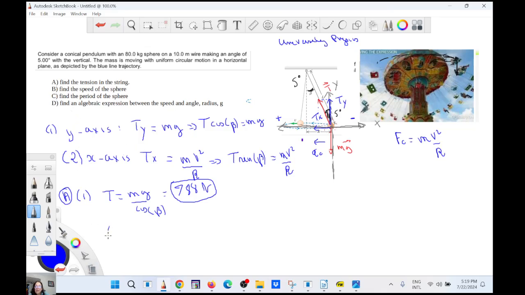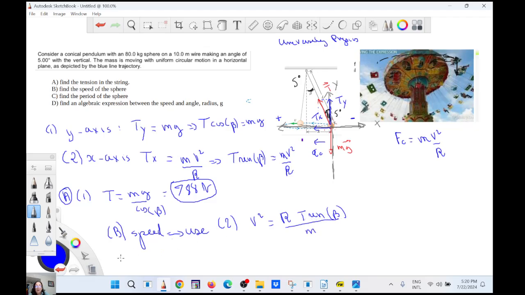Then B, find the speed. You have different ways to do it. You could use equation 2. That's one way. You see that v squared equals the radius T sine beta over m.